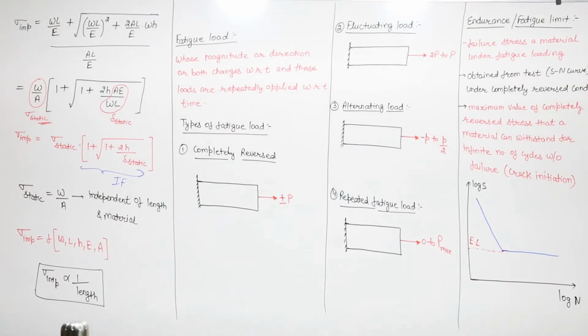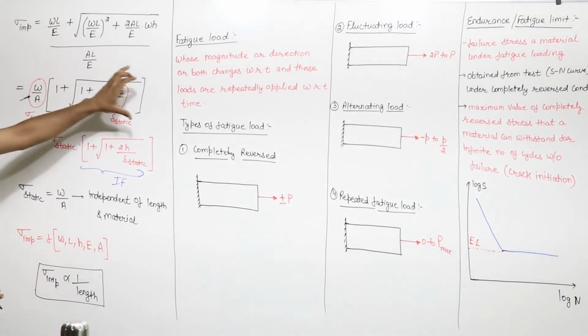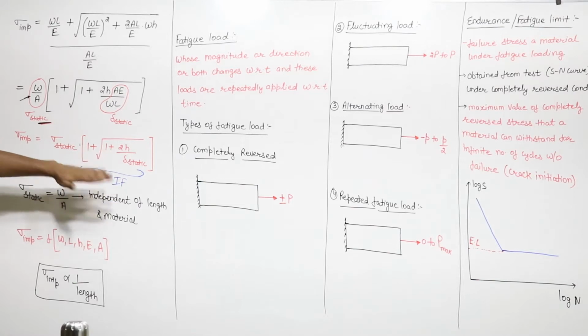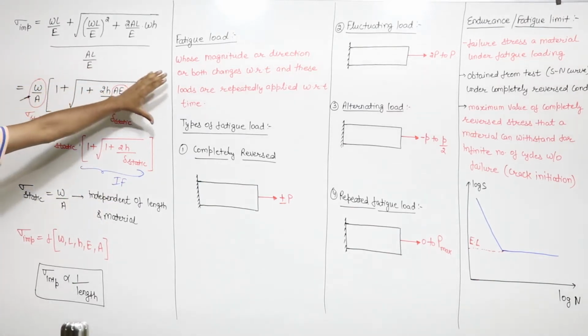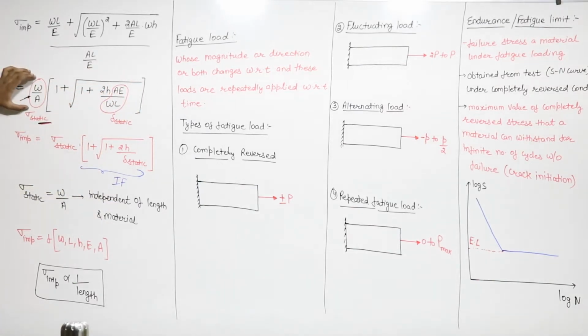Now if you see the two equations, that is sigma static, which is equal to W upon A, and sigma impact, which is equal to this formula. Just forget about this formula. This is sigma impact and this is sigma static.